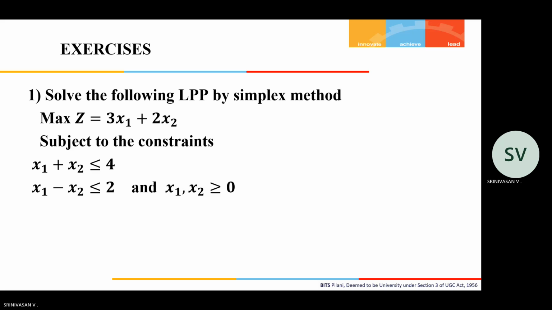Exercises. The moment you reach a stage, after one, two or three iterations as the case may be, where Zj minus Cj is greater than or equal to 0 for all j, you have reached the optimum condition; that is, the optimal solution is obtained. You have to identify the non-basic variables that entered the basis and their corresponding values in the constant column.